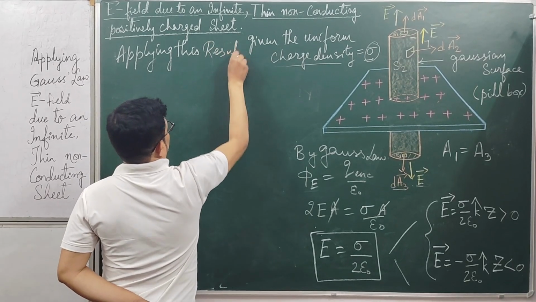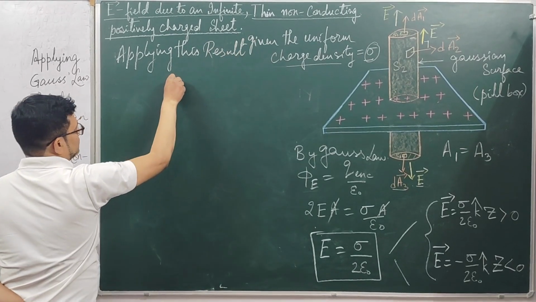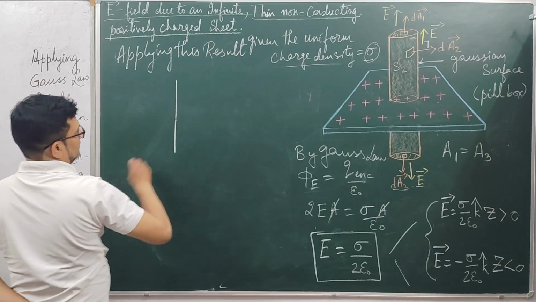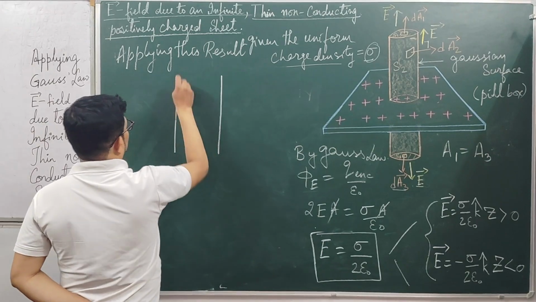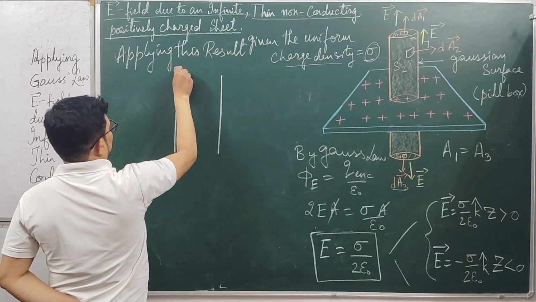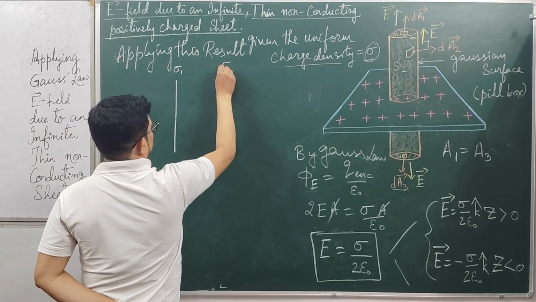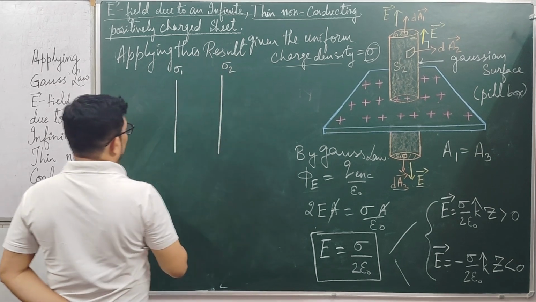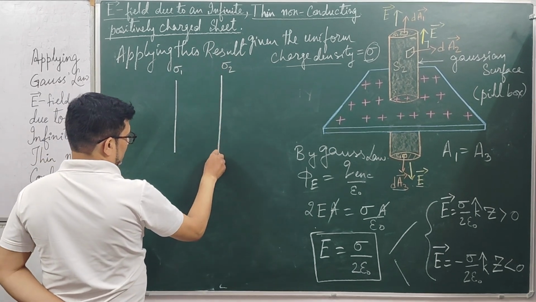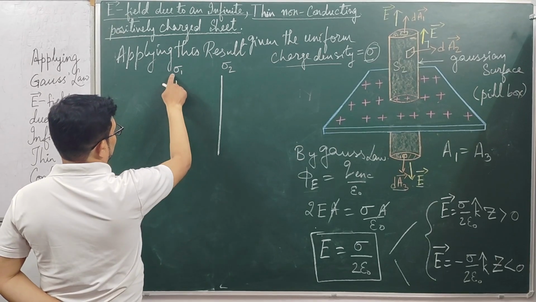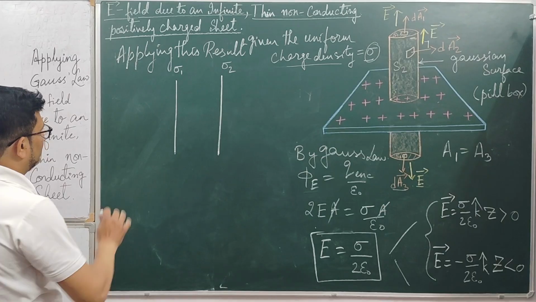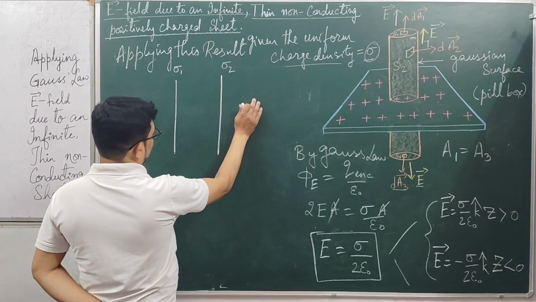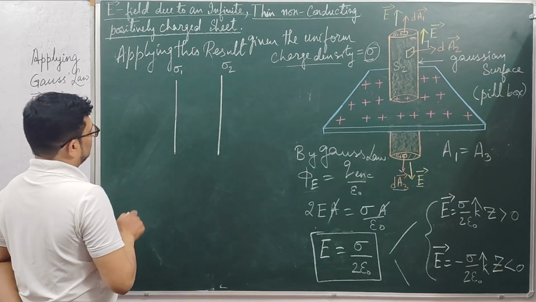Suppose we do have one sheet like this, and another sheet is here. This is sigma 1, and suppose this is sigma 2. These two are positively charged, suppose, and we want to find what is the electric field outside here and what is the electric field here.